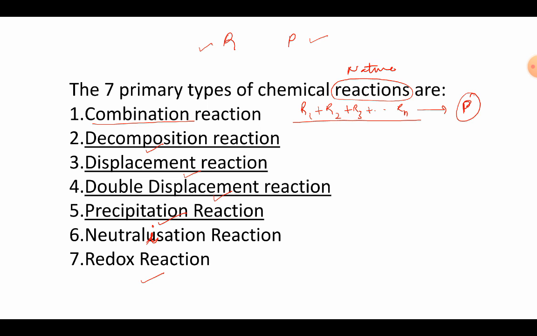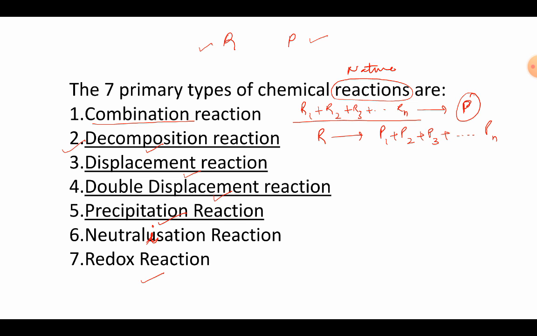Okay, now moving on to the second type, that is decomposition. Now what do we mean by the word decomposition? Decomposition means breakup, right? When something is breaking up, we call it decomposition. So what is decomposition? There will be a single reactant and the single reactant will break to form two or more than two simpler products.